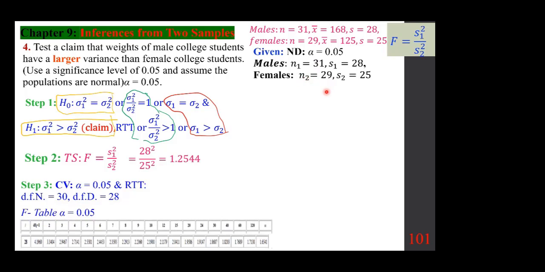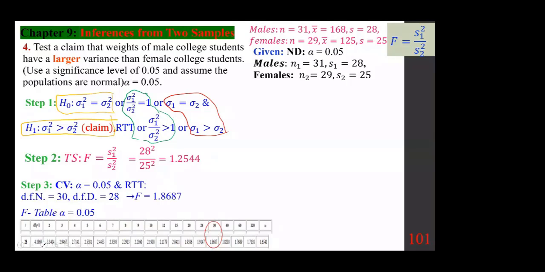So when you look at the table, the very first thing you must look for is alpha of 0.05. That's the first thing, because the F distribution has many tables with different alphas. Then the degrees of freedom of the numerator are in the top row, and the denominator in the left column. You put them together, and it's hard to read it here. I don't have enough space. You can look up the table.